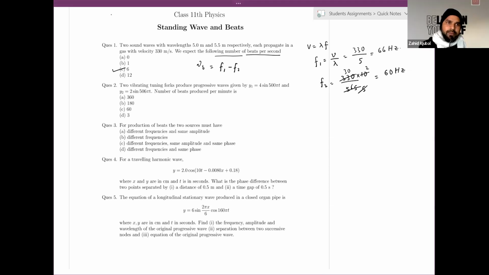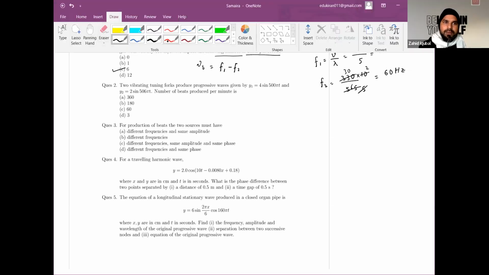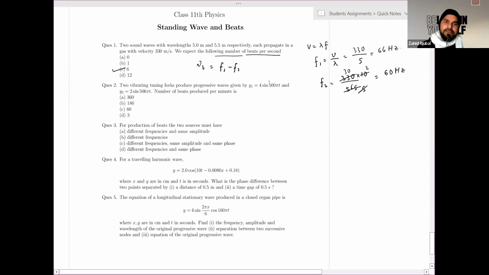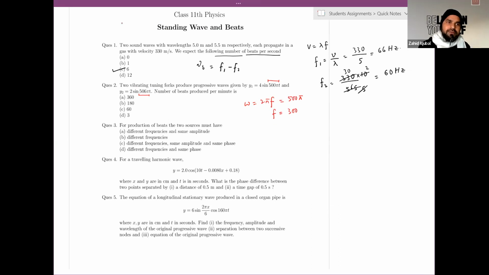Similarly, in the second question, we have an equation. From this part, we may find the terms omega 1 and omega 2. Omega is equal to 2 pi f. So you get the frequency. If you equate it to 500, the frequency will be 300. No, it will be 250.